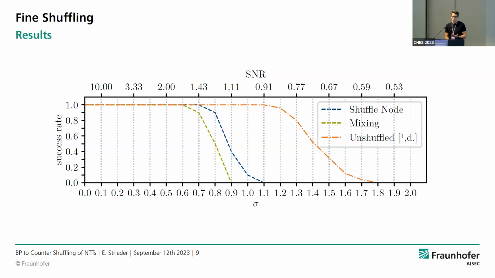Okay, that's fine shuffling. We could still attack the inverse NTT, although fine shuffling is applied. Given that we used simulated leakage here, we have to say that real measurements are a little bit different, with different noise levels and different noise influences.